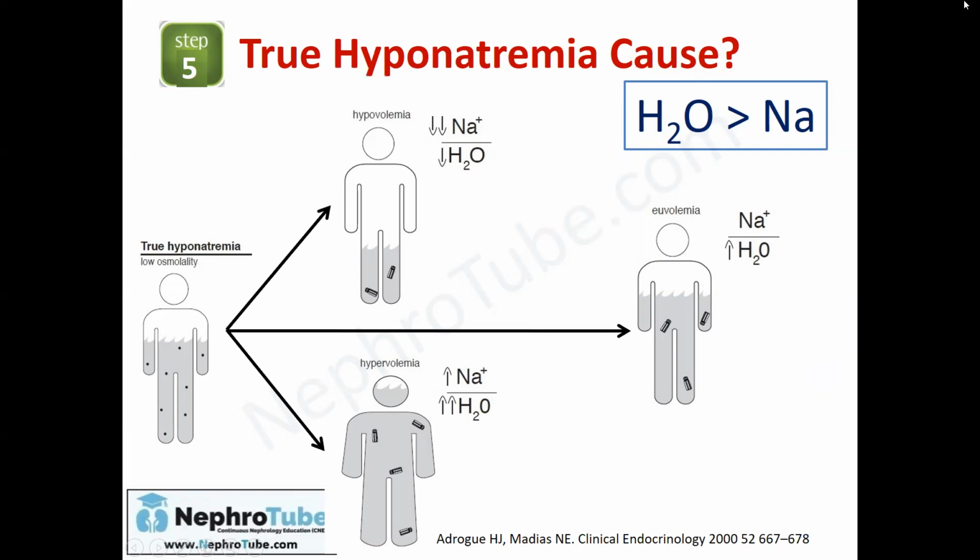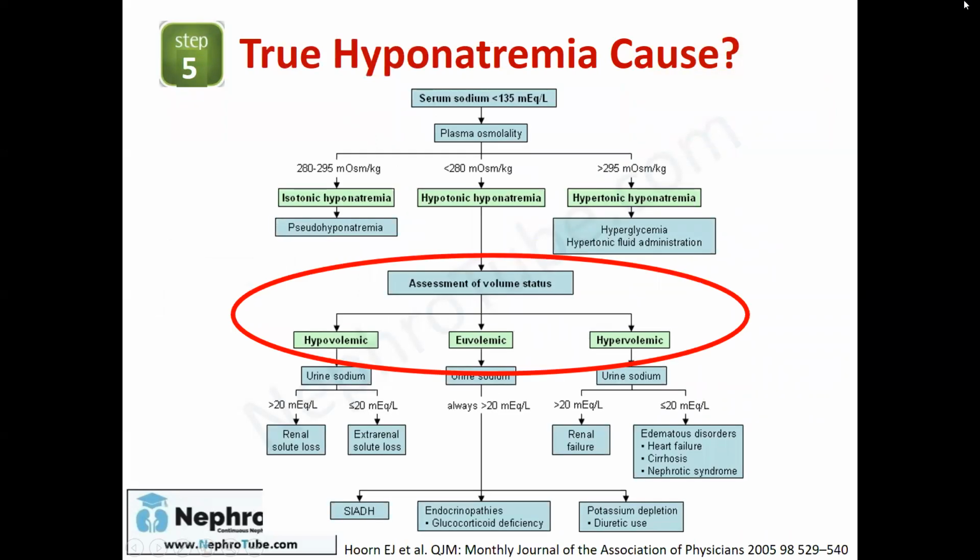So we have 3 types of hyponatremia: a patient who is hypovolemic, euvolemic, or hypervolemic. So the logic to differentiate between the 3 types is to assess the volume status of the patient.